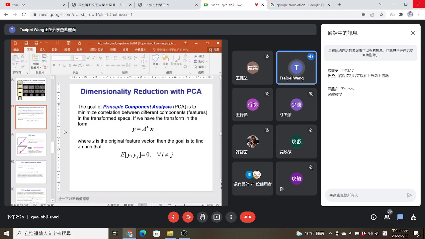The original idea in PCA is that we want to decorrelate the features, so you try to make the correlation, which is an expected value, to be 0.